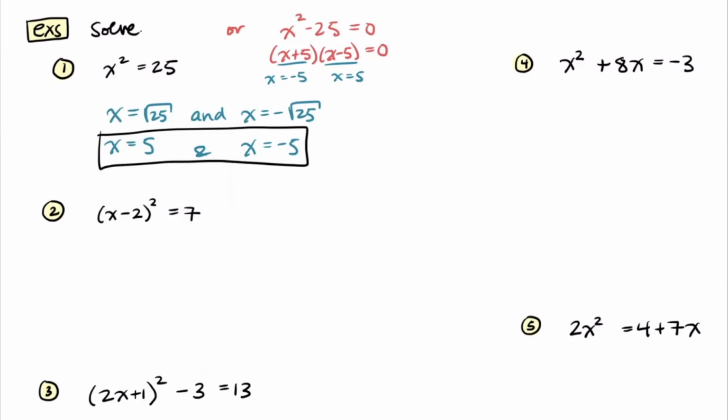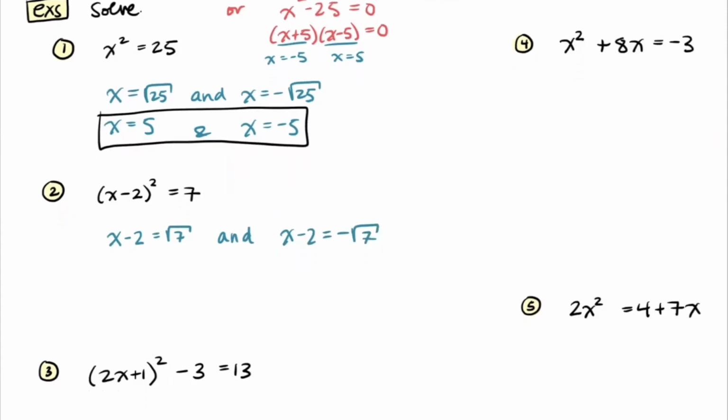So first what we'll say is we have x minus 2 would equal the square root of 7, which is an irrational number, so I'm just going to leave it like that. And x minus 2 equals the negative square root of 7. Then to solve these, you would just do plus 2, which cancels out on each of them. I've got to do it on the other side as well.